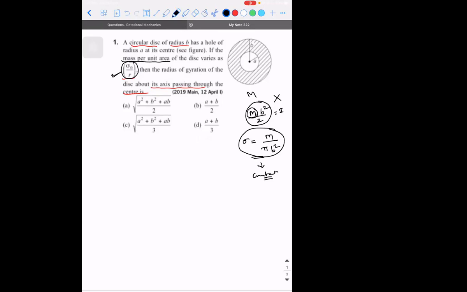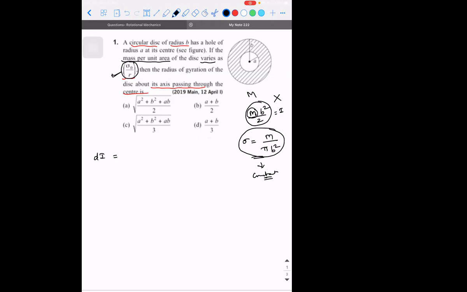How do we solve them? So the answer here is, wherever there is a varying quantity, the first thing is we need to approach using the concept of integration. So what is the moment of inertia due to a small piece?